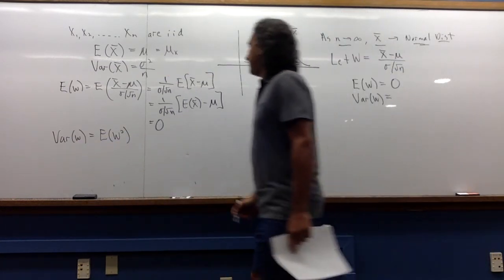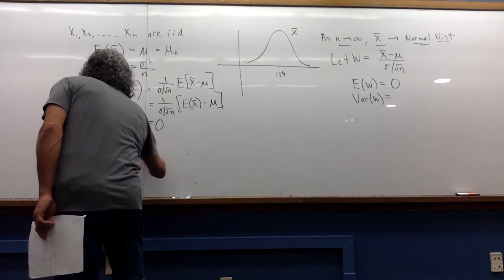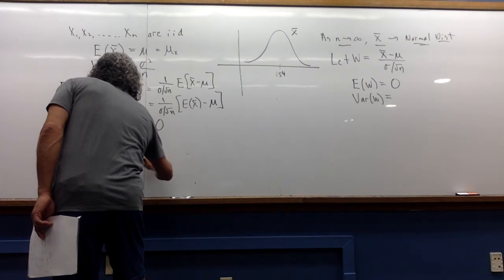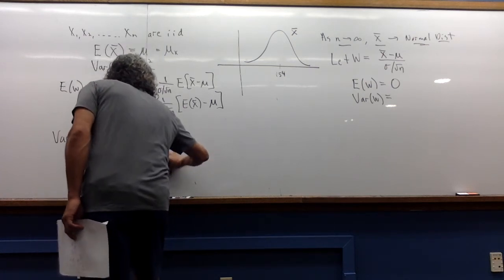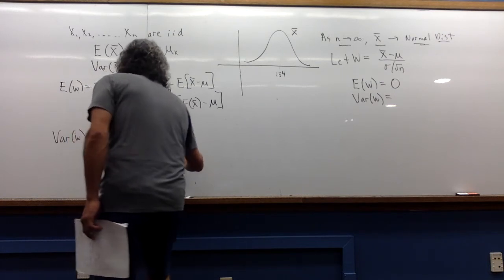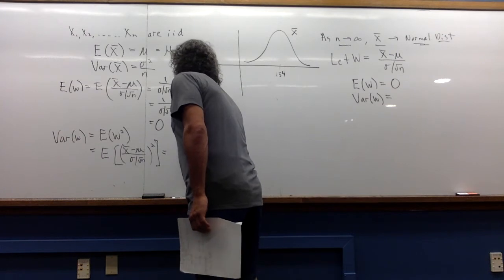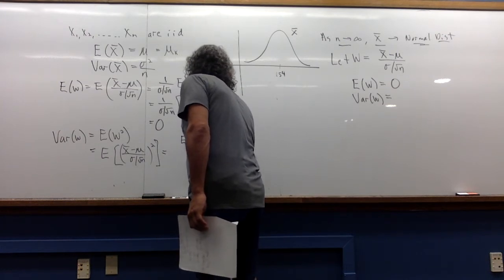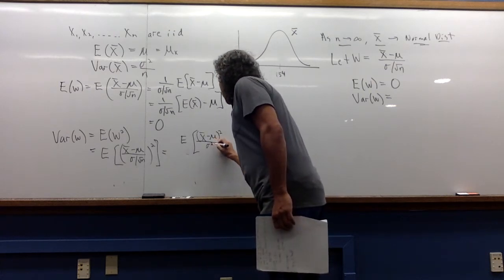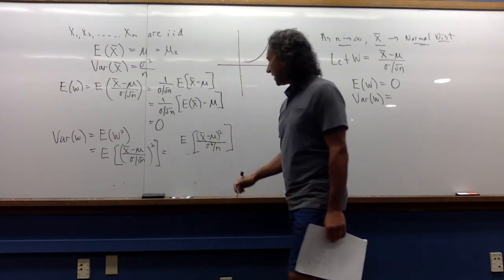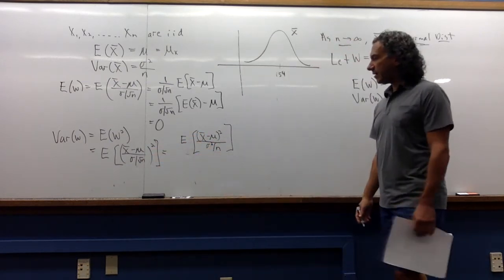So let's compute that. This is the expected value of x bar minus mu over sigma over root n, quantity squared, because that's what our W is. So we get the expected value of x bar minus mu squared over sigma squared over n. Just algebra, I just square this out. The square of a quotient is the quotient of the squares.